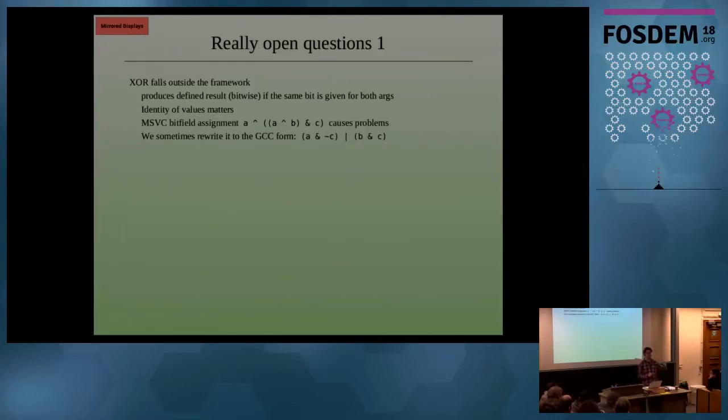So if I have a value which I put in one side of my exclusive OR, and I send the other value all around the place, behind the moon and back into the other side of the exclusive OR, then you get a defined value. And so we do not have anything that tracks identity of the values. I don't even know how to do it. For some simple cases, like XORing the same register together twice to produce 0, which is a standard idiom, then it's fine. But in some more complicated cases, like bit field assignments from the Visual Studio compiler, you get problems.